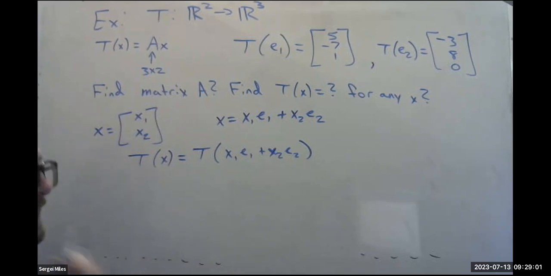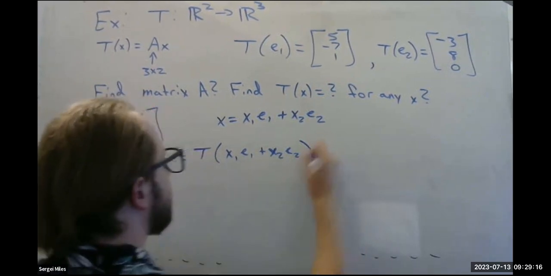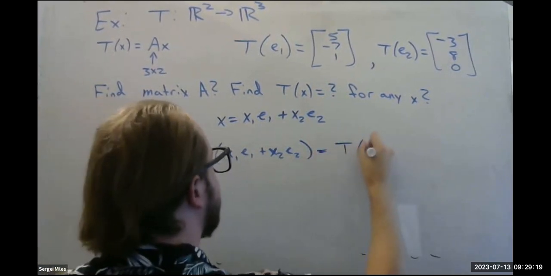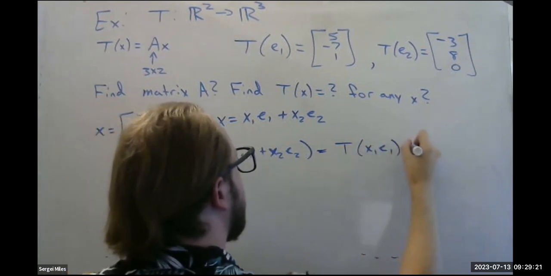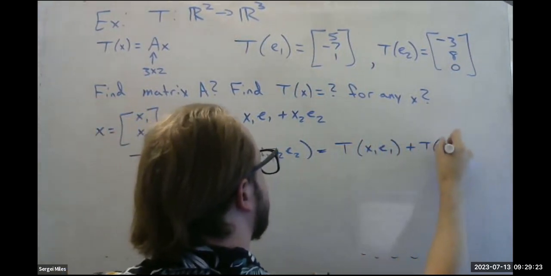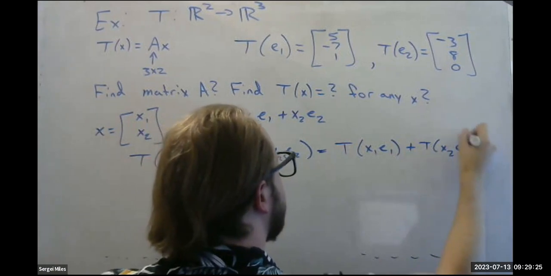Because they have the linearity property, that means I can distribute this T over plus signs, just like the integral, just like the derivative. Those transformations are also linear transformations. So I can distribute this, and now I have T of x1 e1 plus T of x2 e2.